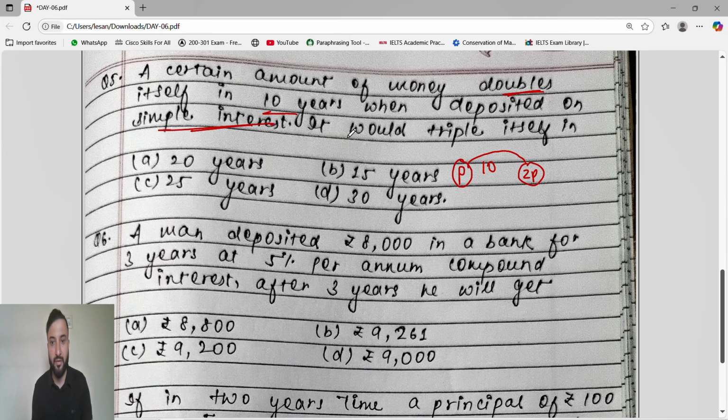How long would it take to triple itself? From P to 2P in 10 years, then from 2P to 3P another 10 years. So 10 plus 10, 20 years. In 20 years, from P it will become 3P. 3P means triple.